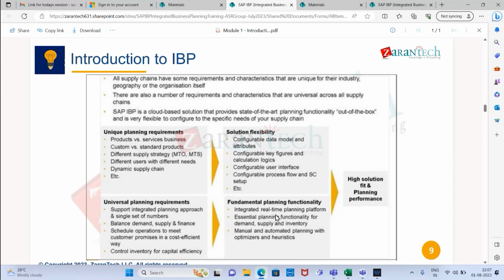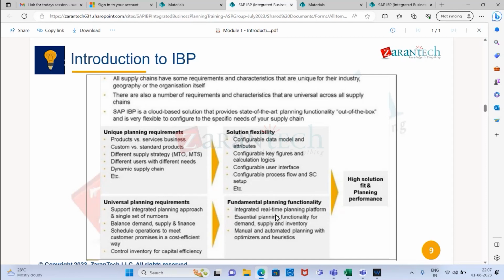They will consider the last 3 to 6 months of horizon, check the sales pattern for the last 3 to 6 months, and based on the historical sales, define the future forecast. Similarly, some other organizations may have a different process. So this is called custom versus standard processes, as well as custom versus standard products.